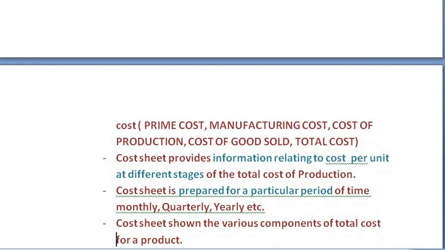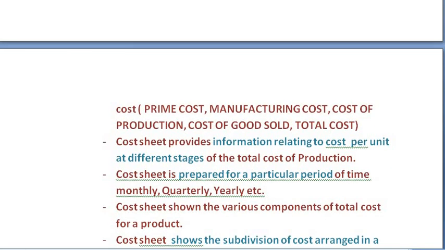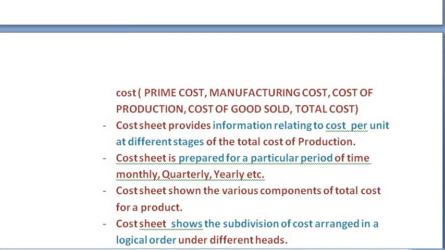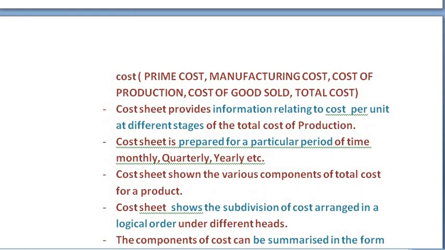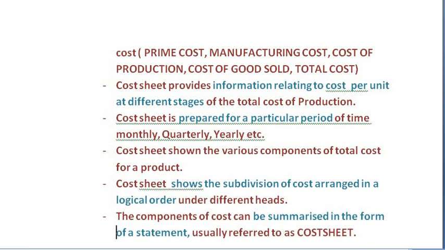It involves the total components of cost for a product or a service, and it also divides the statement into various subdivisions of cost aspects in a logical order under different heads. The summarizing statement of all expenses in a single statement is what we call a cost sheet.